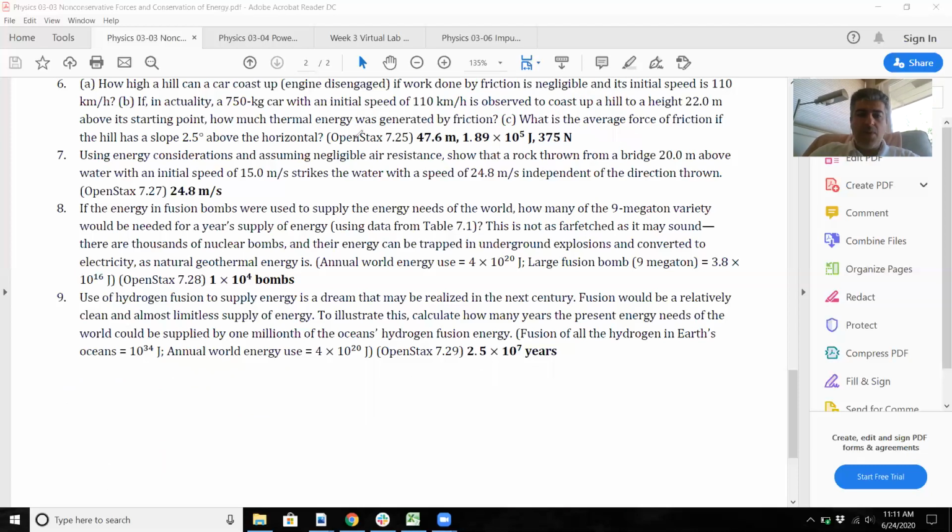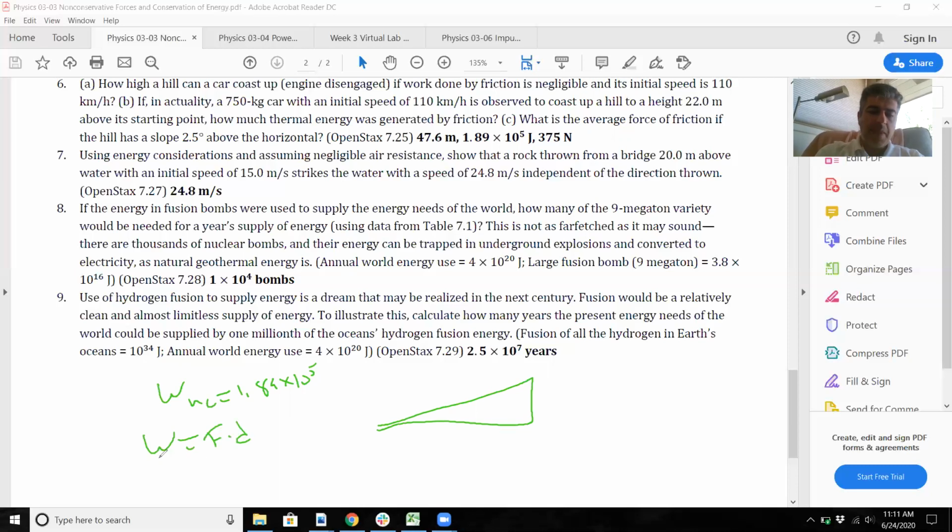Then what you need to do is find the average force due to friction. So the work due to friction, again, was 1.89 times 10 to the 5th. I mean, it's really negative, but whatever. And then remember, work is force times distance, right? Let me write that more neatly.